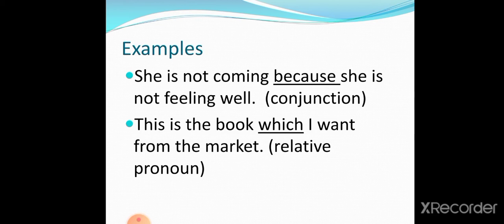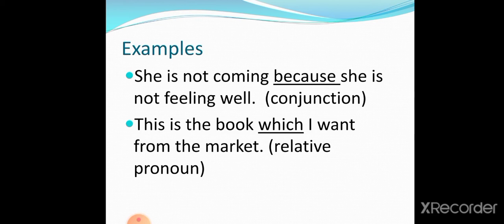Here, she is not coming is the independent clause, because she is not feeling well is the dependent clause. So, combined, they make the complex sentence. And because is the subordinate conjunction used to join the independent clause with the dependent clause.